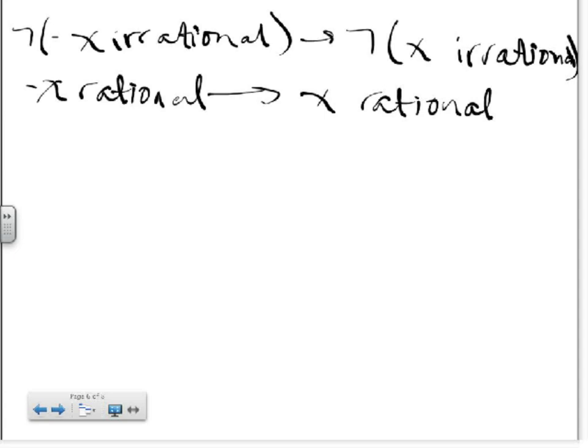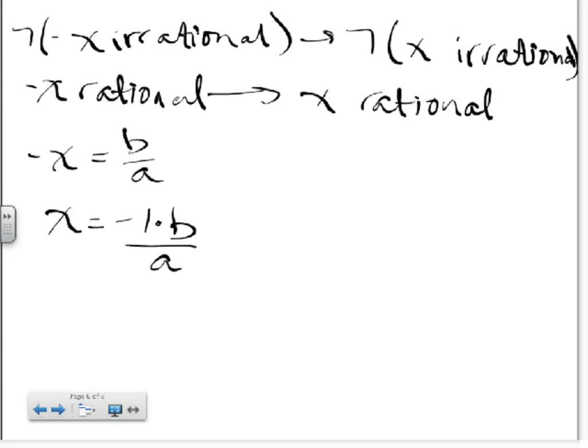Alright, so we can start out by writing that negative x is equal to b over a, where b is some integer and a is some integer, and that's just the definition of a rational number. Then we can multiply both sides by -1 and say that x is equal to -1 times b divided by a. Now, we're not going to prove it right now, but we'll use the fact that the product of two integers is an integer.